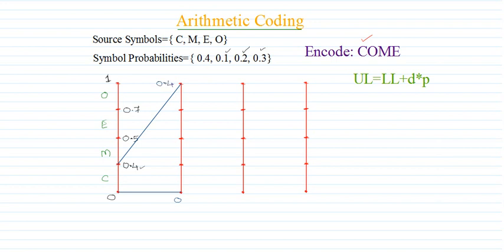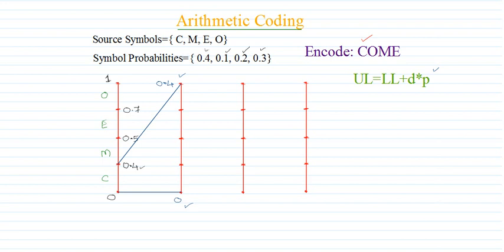Then we have to find out these blanks here. In order to find them, we have to use a formula. The formula goes like this: UL, the upper limit, is equal to LL, the lower limit, plus D times P. D is the difference between the upper limit and the lower limit in a given line, and P indicates the probability of the corresponding symbol.